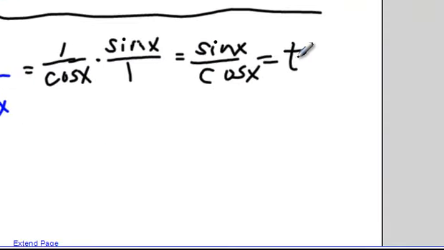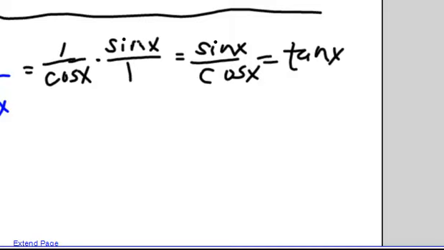So that proves that it is tangent of x. Notice, I did not change anything with this tangent of x. You're trying to get secant of x over cosecant of x to look like tangent of x. Okay?